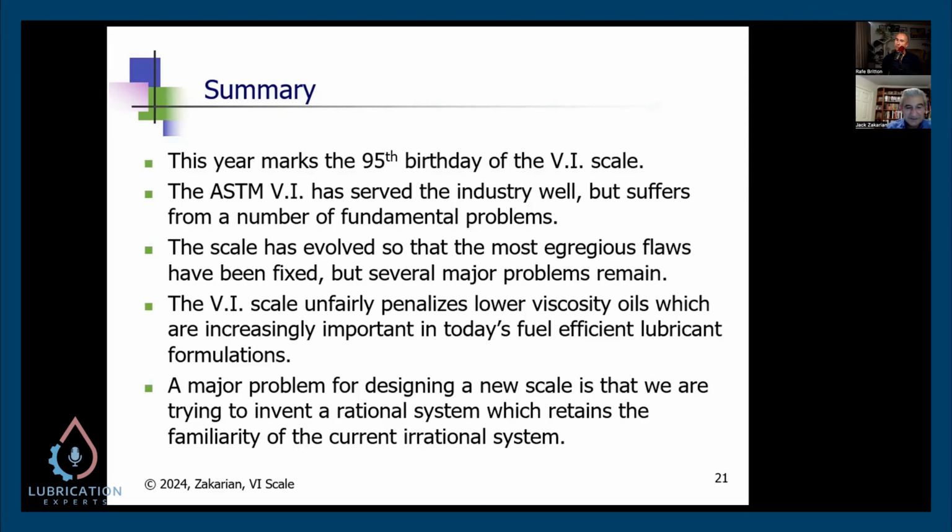One thing I've found, and this is kind of a major issue to design a new scale, is that most people in the past and present have said we want to try to maintain some connection to the current system. Well, the problem is we're trying to invent a rational system which retains the familiarity of the current irrational system.